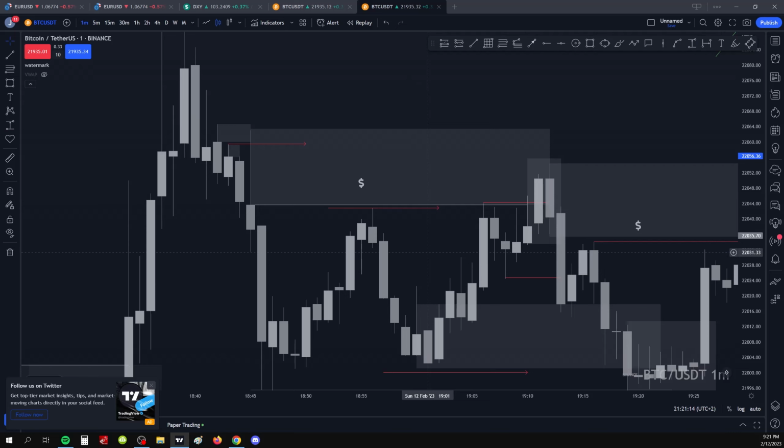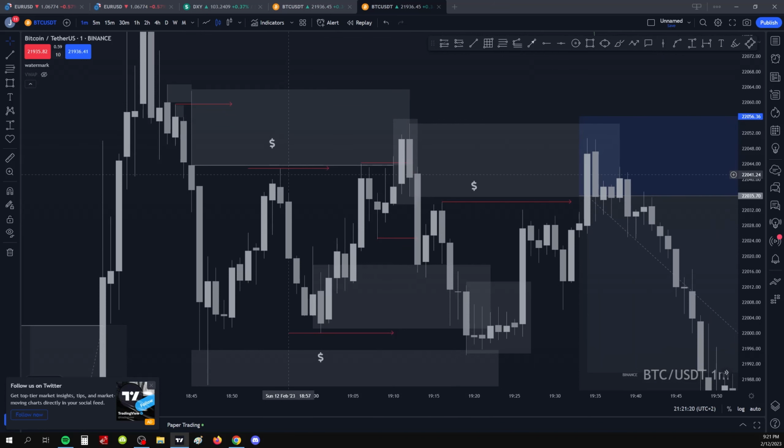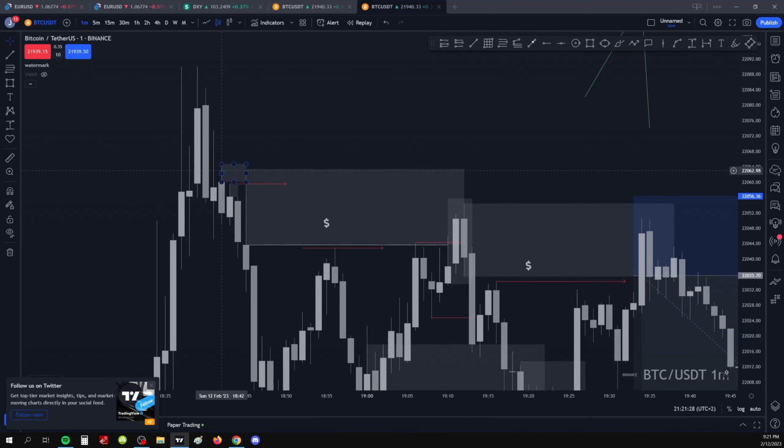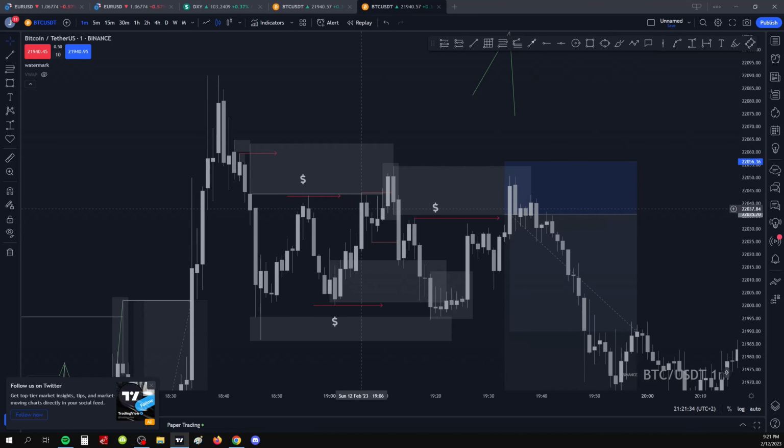So that's, I don't know, this is Bitcoin, so it's maybe half a pip. You can be sure this is an inducement, and there will be another leg up to properly mitigate this, because this becomes the order flow. This was mitigated, now this has to be mitigated. And it did, it came back.